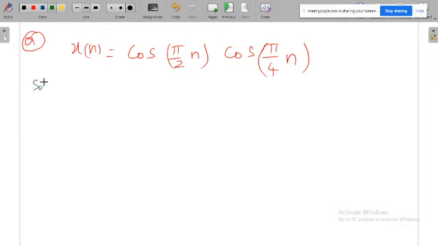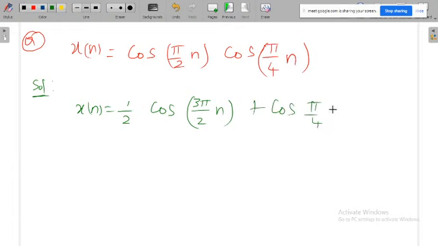So the solution here: x of n can be represented as 1 by 2 cos of A plus B, pi by 2 plus pi by 4 is 3 pi by 2, so cos 3 pi by 2 n, and then pi by 2 minus pi by 4 is pi by 4, so cos pi by 4 n.